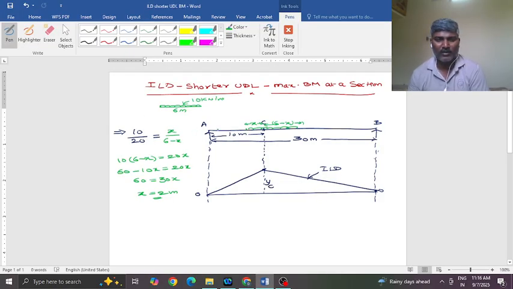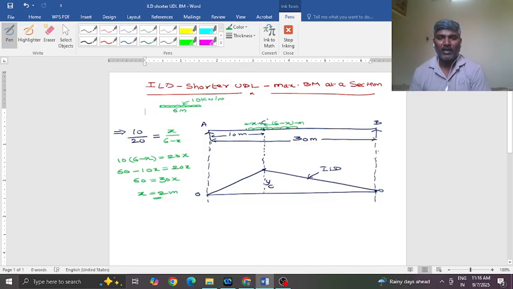For each position that you imagine, like clicking a photograph, there will be a bending moment at C. Among all those values, which is maximum? This position will give you the maximum bending moment.